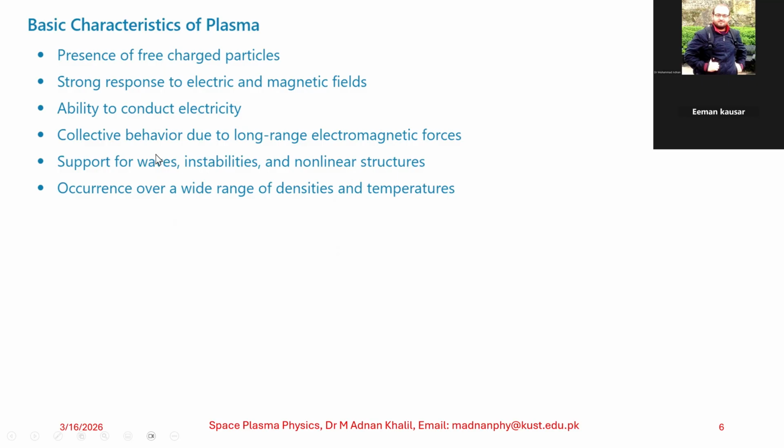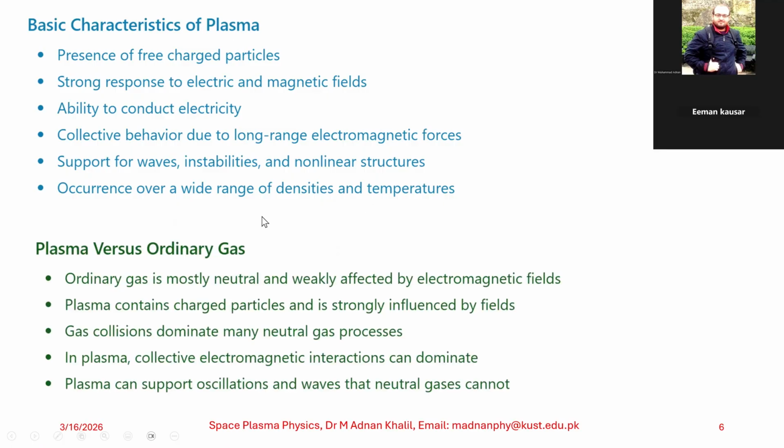Moving charged particles can give rise to electromagnetic waves, and those waves couple to give rise to instabilities and nonlinear structures. Finally, plasma occurs over a wide range of densities and temperatures. This is one of the fundamental characteristics of plasma: any plasma differs from another in its density and temperature, and once they change, the properties of the plasma state change.